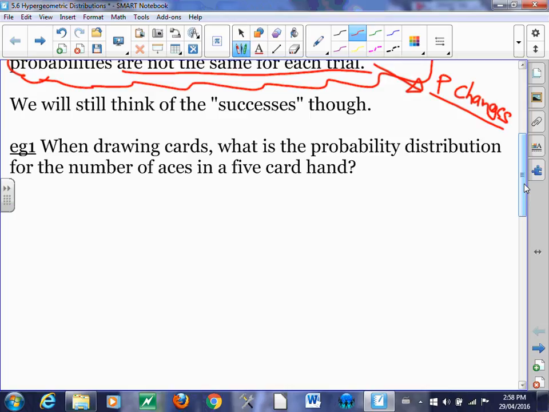When drawing a card, what is the probability distribution for the number of aces in a 5-card hand? Okay, well, first of all, what's our random variable? Our random variable is the number of aces. Okay, so our success is getting an ace.